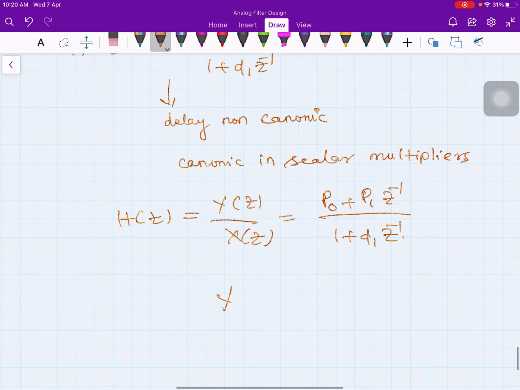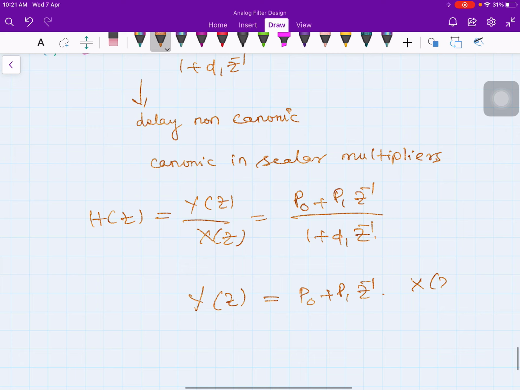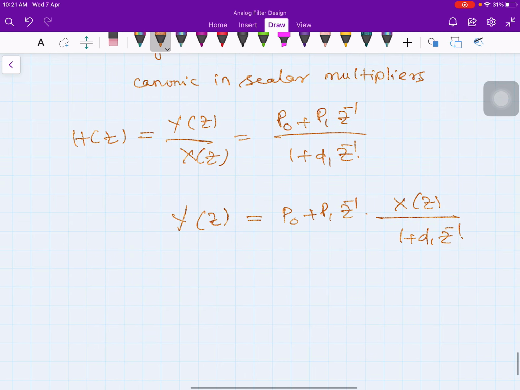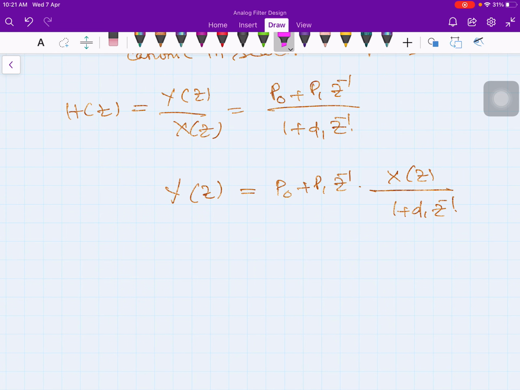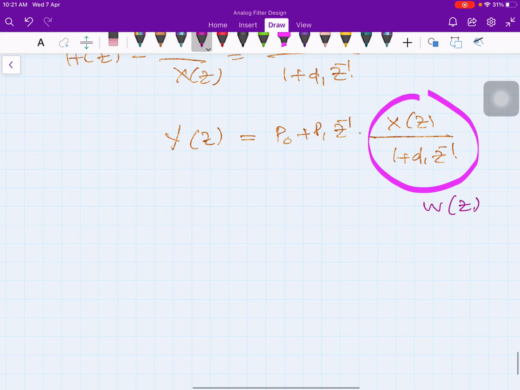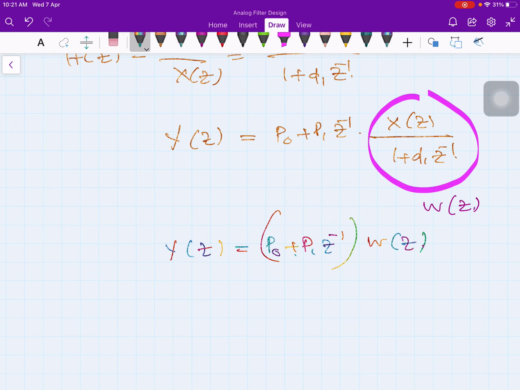Now I can write Y of z as p0 plus p1 z inverse times X of z divided by 1 plus d1 z inverse. And now let me call this guy W of z. Therefore Y of z is equal to p0 plus p1 z inverse multiplied by W of z.